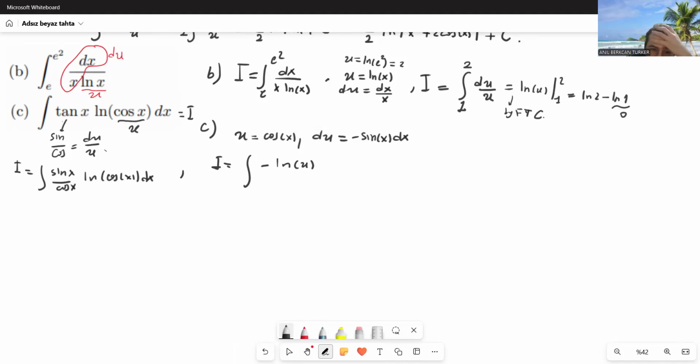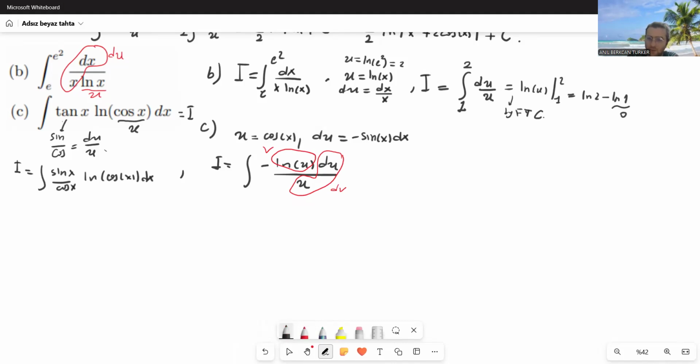Instead of sine x dx, I'm just going to put minus du. Cosine x becomes u, so this is du over u times ln u. Very similar integral to part B actually, because now you must do another change: du over u becomes your dv if you call your ln u as your v. Because the derivative of ln u is du over u, so it is just v dv.